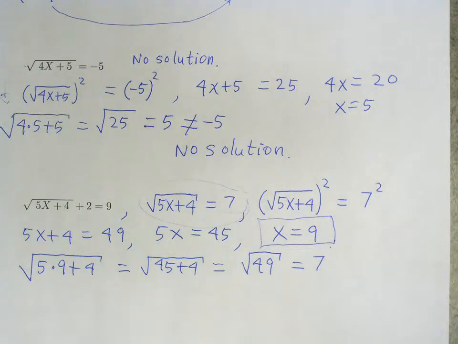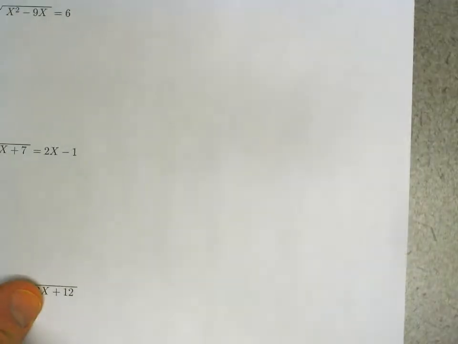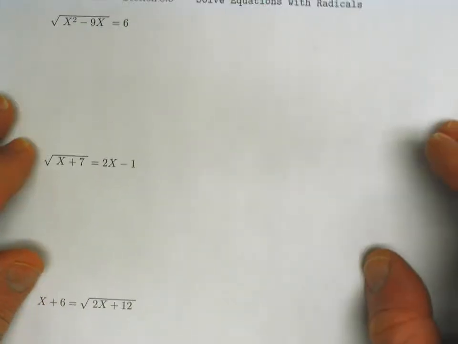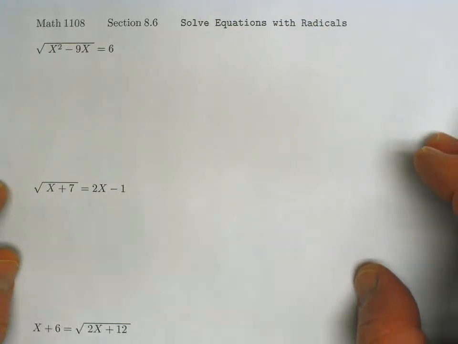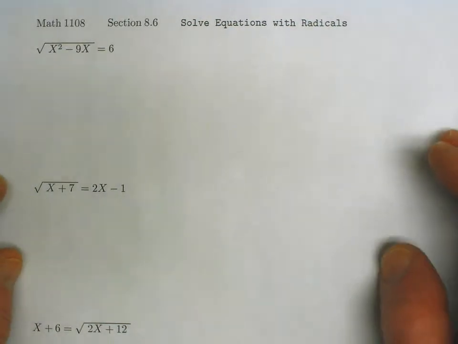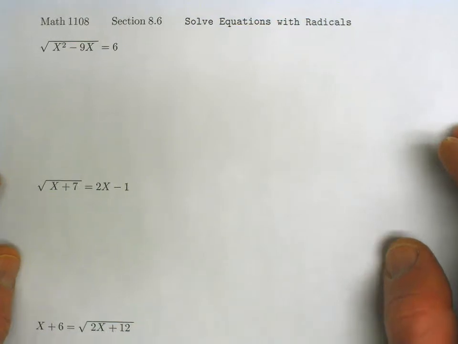We'll do some more examples that begin to get a little more complicated. So this time solve this equation, the square root of x squared minus 9x equals 6.